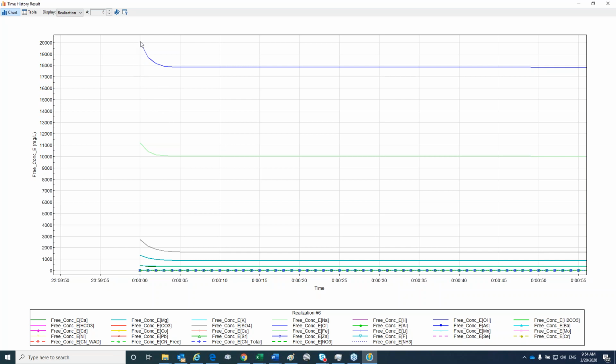So we're starting with an initial condition here of, in this case, chloride at around 20,000 milligrams per liter. This was the most concentrated solution that I prepared, and it's representative of seawater at around 0.7 ionic strength. So this has about 20,000 milligrams per liter chloride, 10,000 milligrams per liter sodium, and then the rest of the species are distributed around 2 to 3,000 or lower.